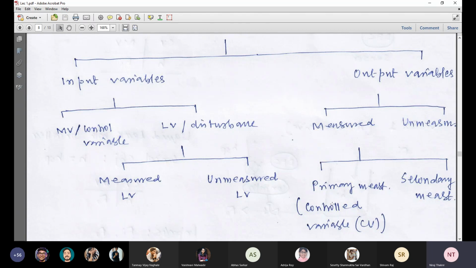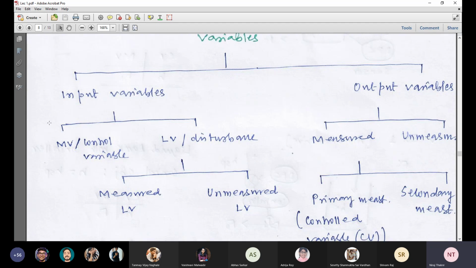And as I mentioned, this variable classification table is exclusively valid for the process control course. It does not mean that input and output variables are nowhere else. They are there, but a few things are exclusively useful for process control, like load variable, control variable.